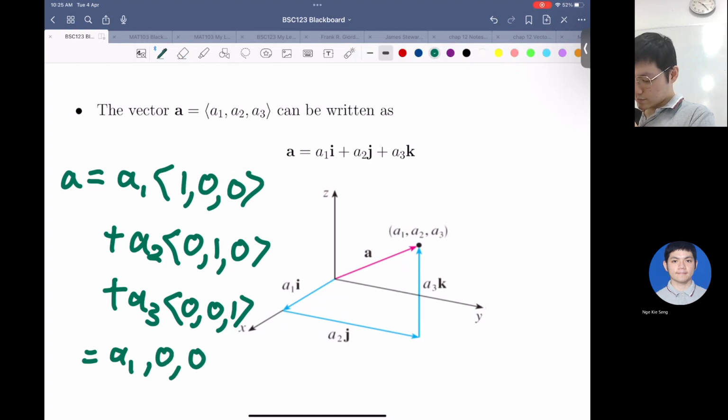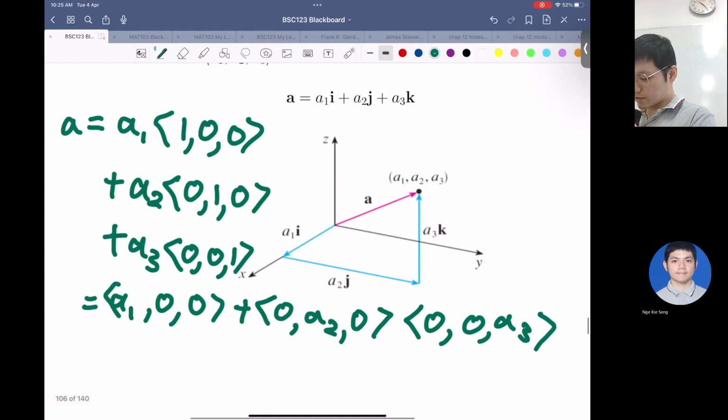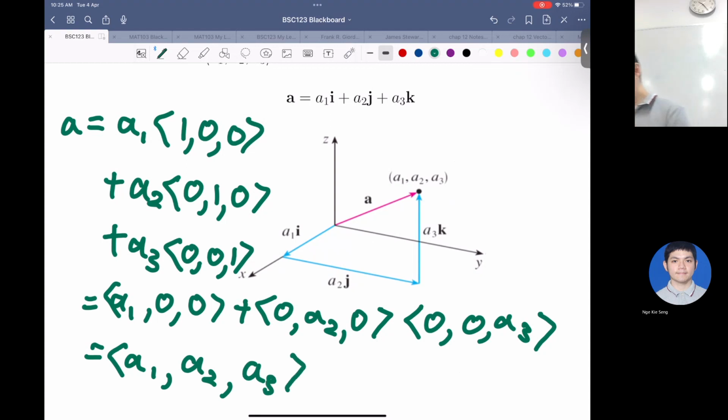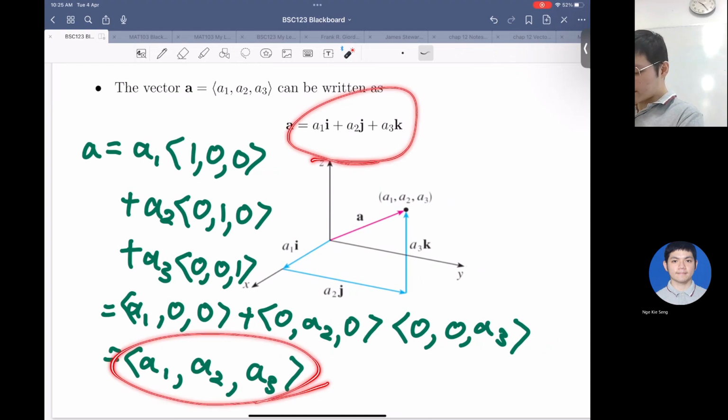I want to show this example to show you the mechanics happening in our definition of addition and scalar multiplication. And then how you add these three vectors: you add term by term. So a1 plus 0 plus 0, and then 0 plus a2 plus 0, and then 0 plus 0 plus a3. But why do we call it algebraic? Because we don't need to keep writing out the vector here.